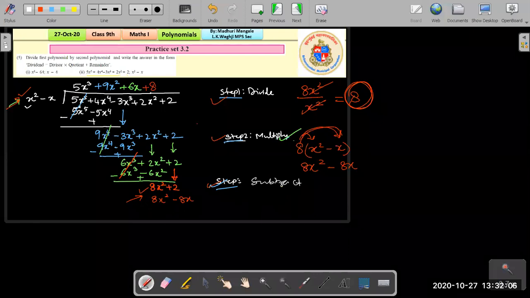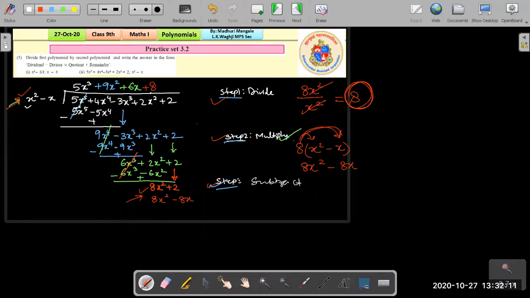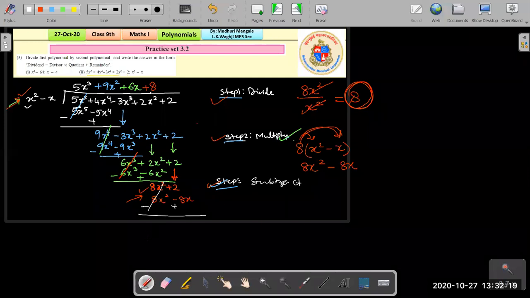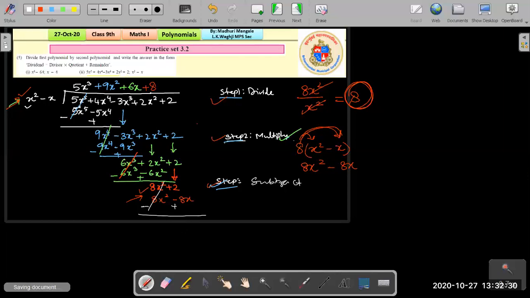So changing signs, this 8x squared will become minus 8x squared, and this negative 8x will become a positive 8x. Yes. And we see that the first two terms over here will get crossed out. What are we left with? We are left with a positive 8x and 2. Are they like terms? No, they are not. So we cannot combine them. We write them as it is.